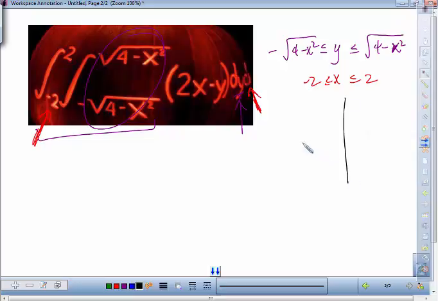And so if we take a look at this in Cartesian coordinates x and y, we have the bottom half of the circle and then the top half of the circle. This circle, by the way, has radius 2.